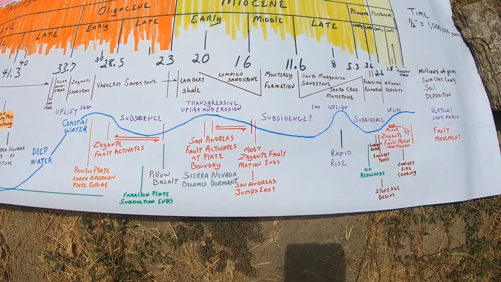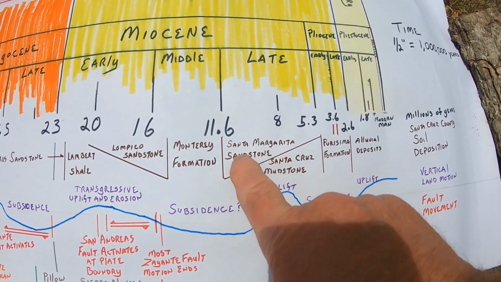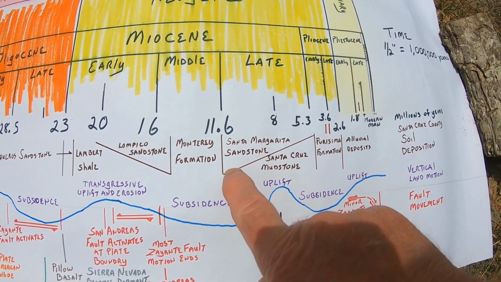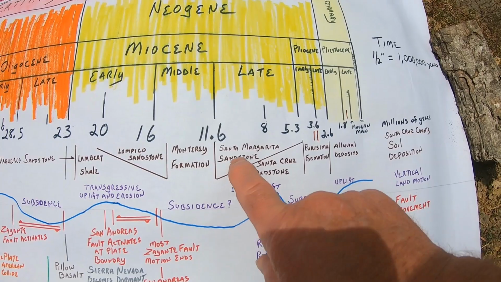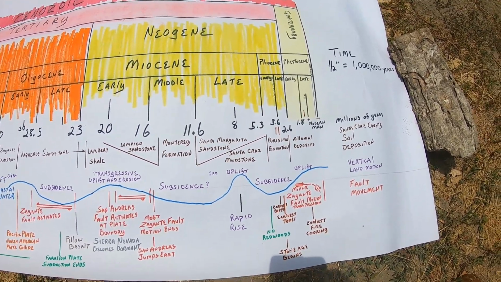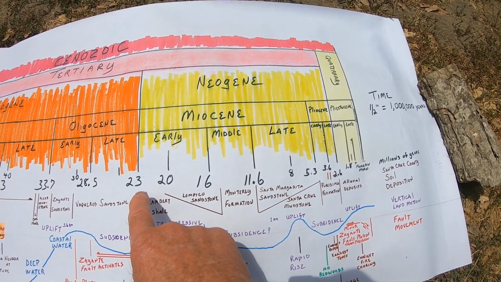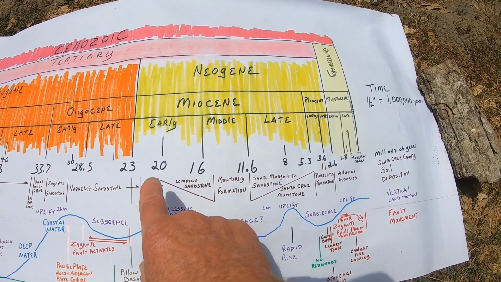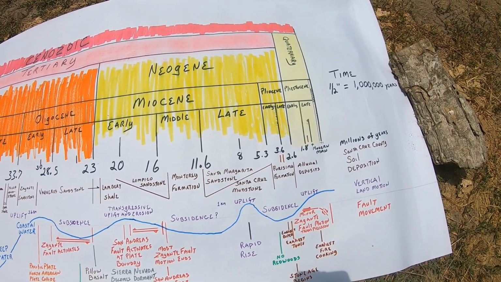Let's see, where are we here? Santa Margarita sandstone. So some places I've read it started 11.6 and went to 5.3. Other places have said that it started in the early Miocene at 23 million years ago and went to 5.3.